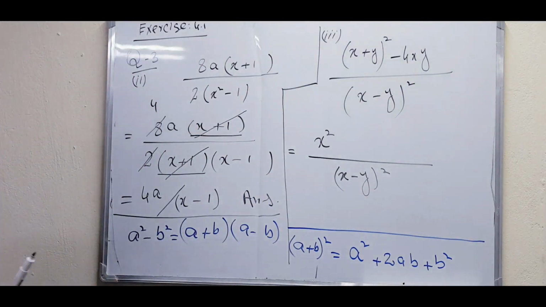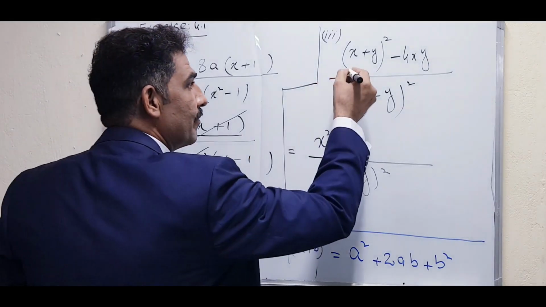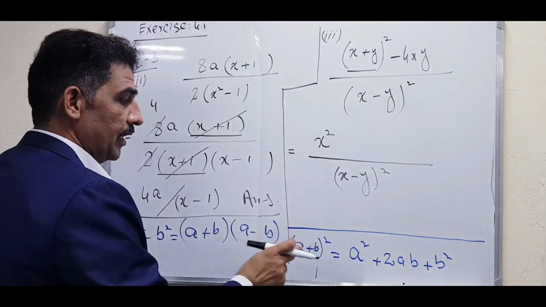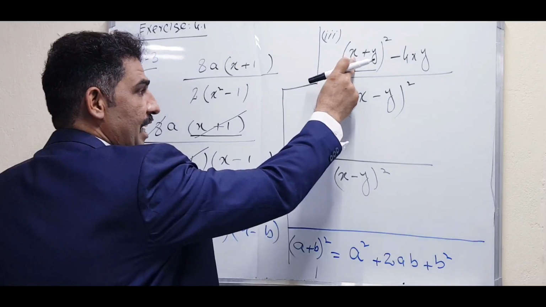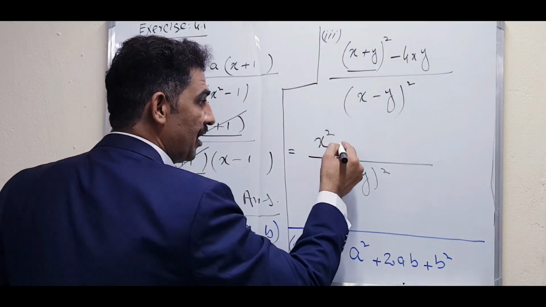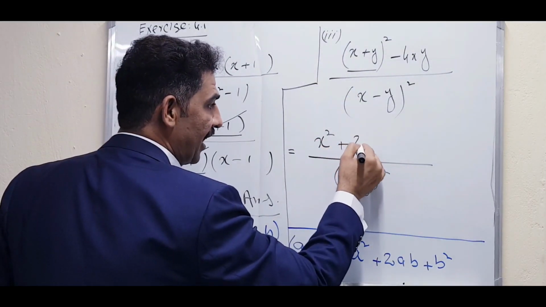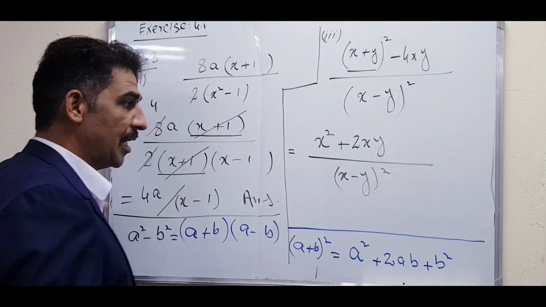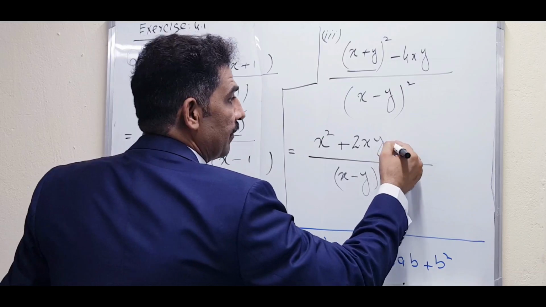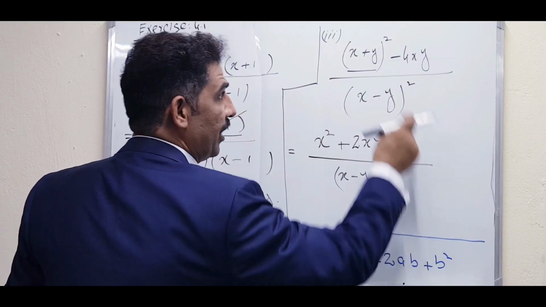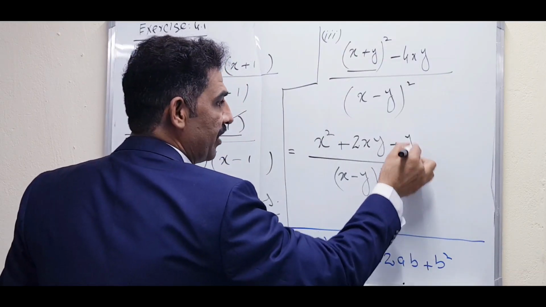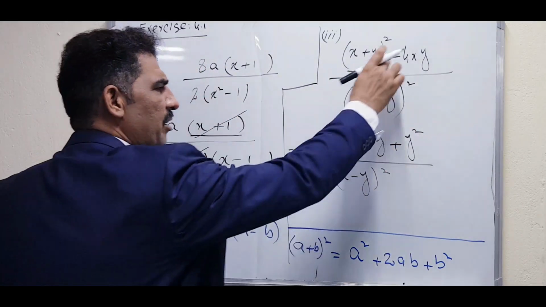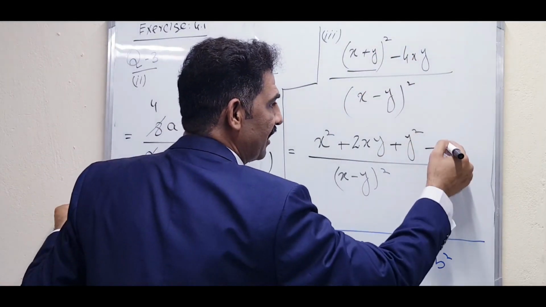Good. So when we apply this formula on this term, a square means first element squared, then plus 2 multiplied by first element and second element, right? It will become like that. So plus b square, b means second element, is equal to y square. No change in this one, we will write the same.